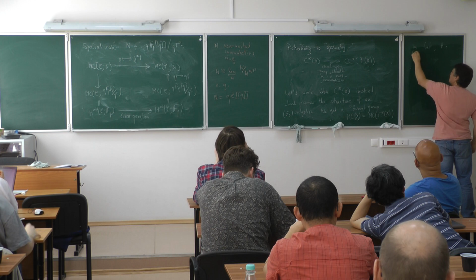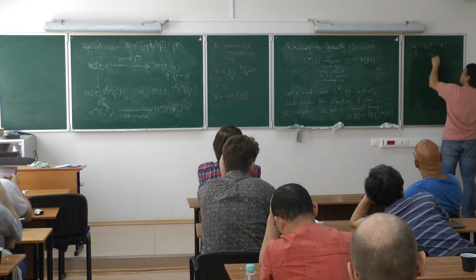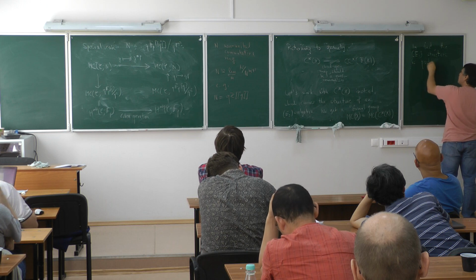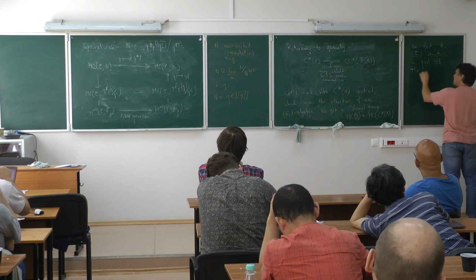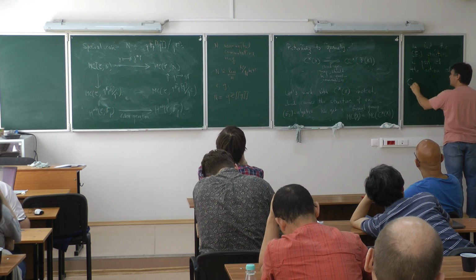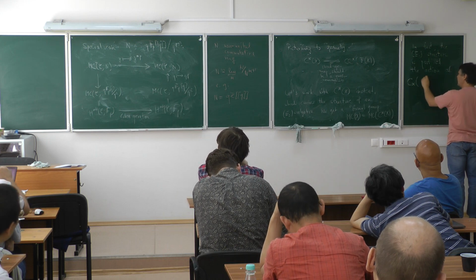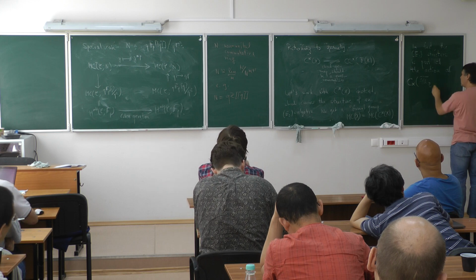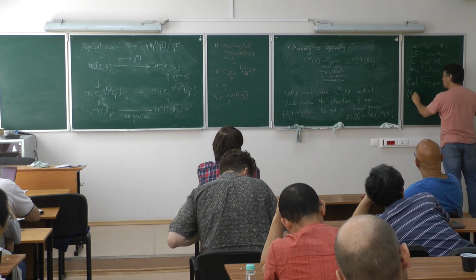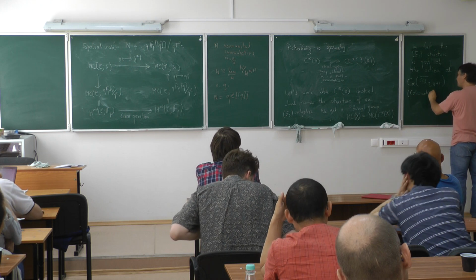The E2 structure is part of the action of chains, so this is what's called the cohomological field theory structure.